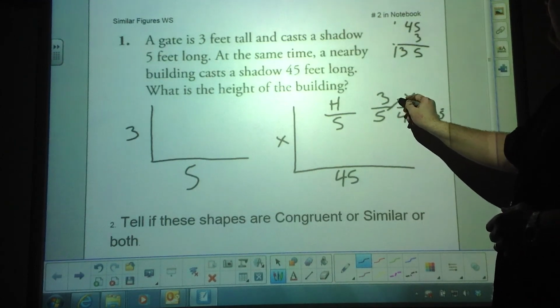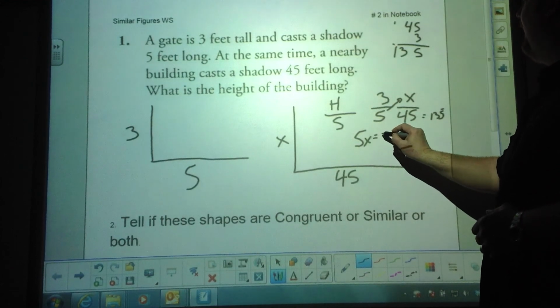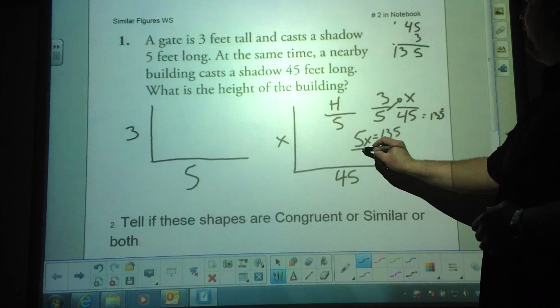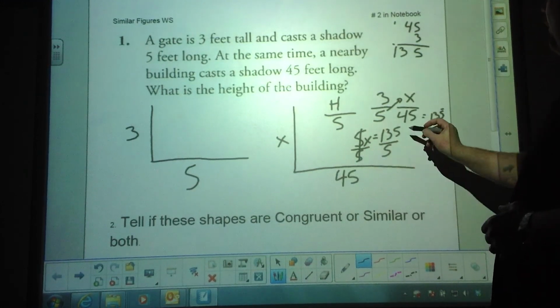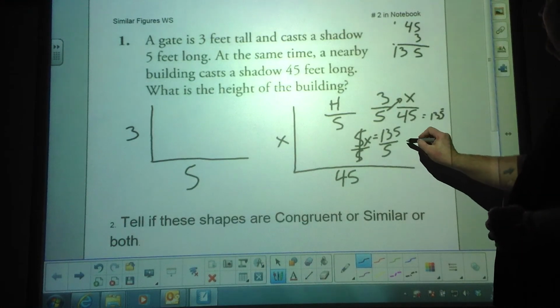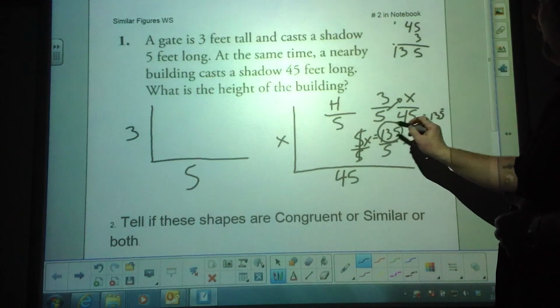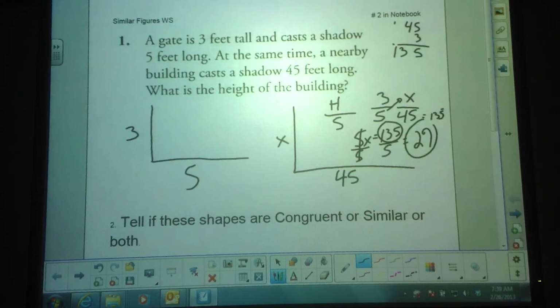And then of course 5 times x is 5x, and we set that equal to 135. Then of course we divide both sides by 5. This cancels out. 135 divided by 5 is going to equal 27. Therefore the building itself is 27 feet tall.